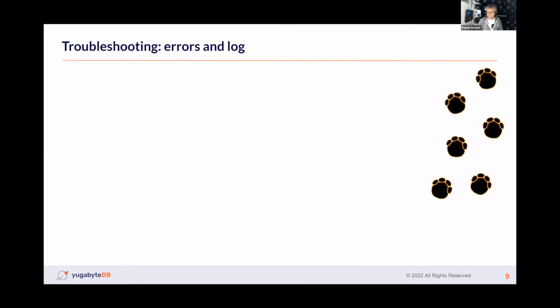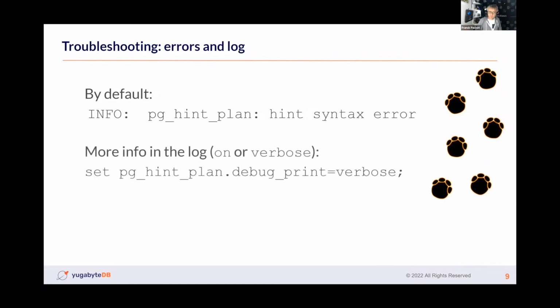If you have a doubt, there is a way to troubleshoot and see more information about syntax errors, for example. By default, you will see a mention that there is a syntax error in your hint, and you can see also more info. We will see it by setting pg_hint_plan in verbose mode, where you will have a message telling you which hints are used.